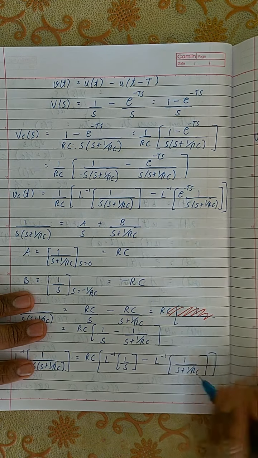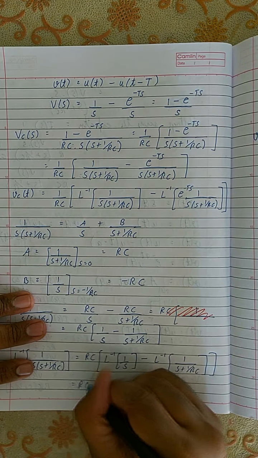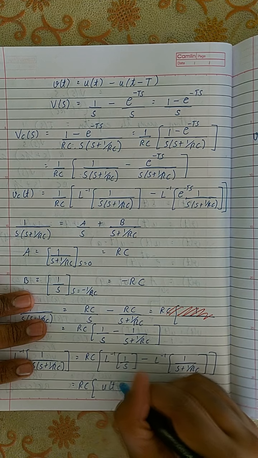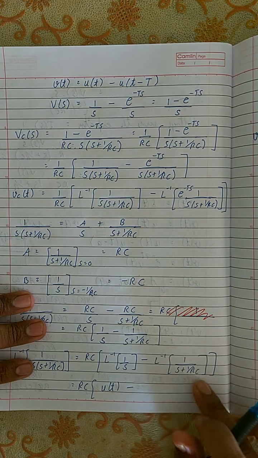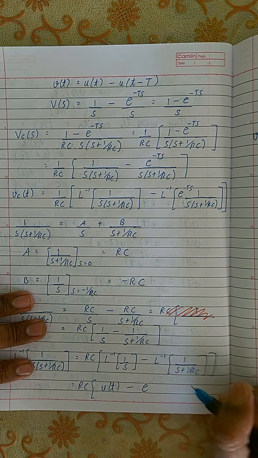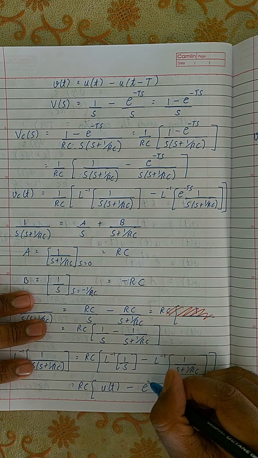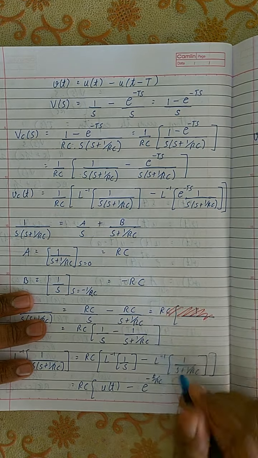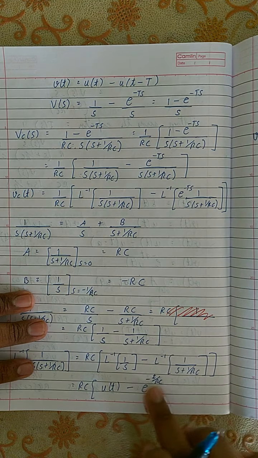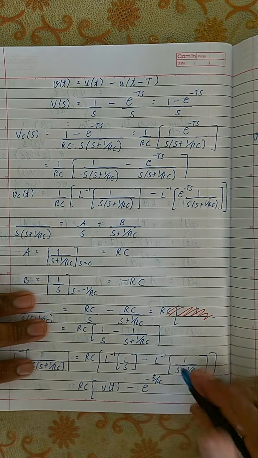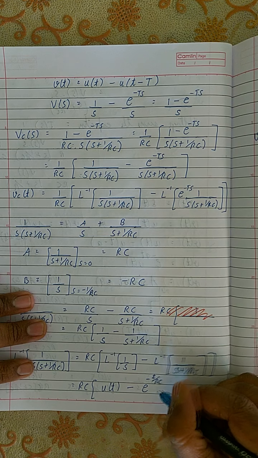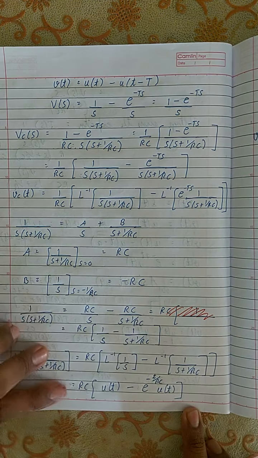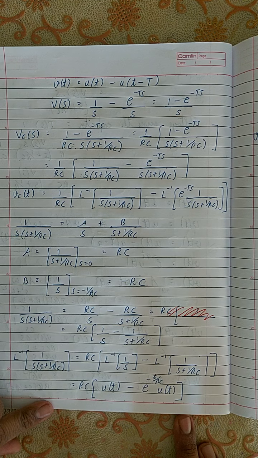What is the Laplace inverse of 1 by S? It is u of t. What is the Laplace inverse of 1 by S plus 1 by RC? By the frequency shifting property, it is e raised to minus t by RC into u of t. Right, this is the equation.